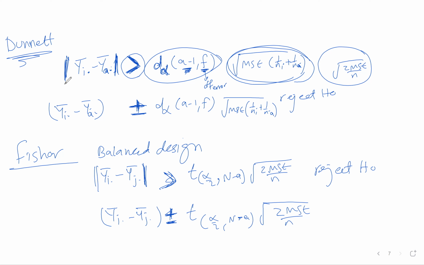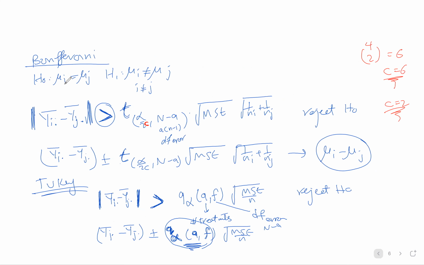Yeah, Professor, for Dunnett, we have 4 tables, 2 for one-sided and 2 for two-sided. Which 2 tables should we use? You should use the 2 tables for the two-sided, because the alternative is doesn't equal, and that means two-sided.